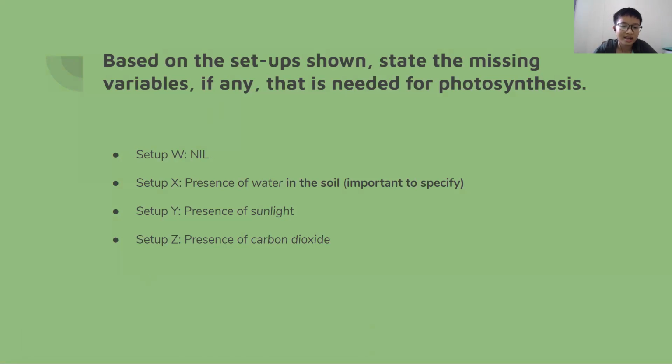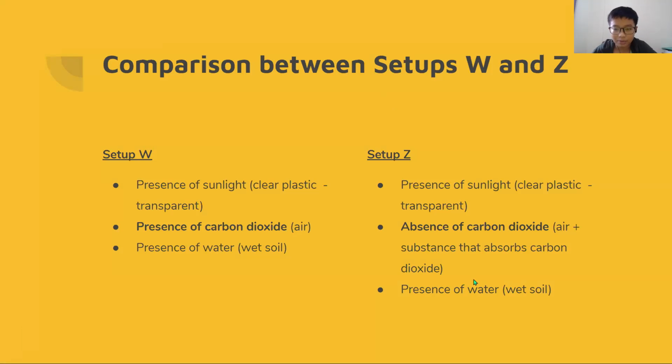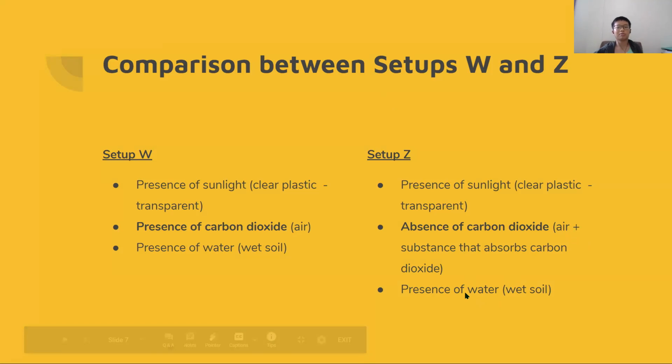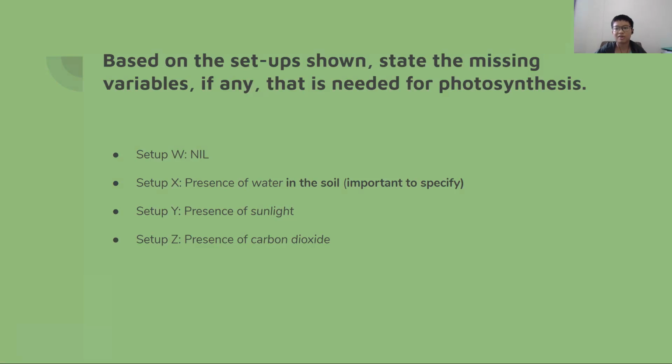Alright, so let's look at the last setup, setup Z. So setup Z, as we looked at in the previous slide, has an absence of carbon dioxide due to the substance that absorbs carbon dioxide. So basically, as I said before, the carbon dioxide in the air is absorbed by this substance, thus leading to an absence of carbon dioxide, meaning that there is no carbon dioxide in this setup.